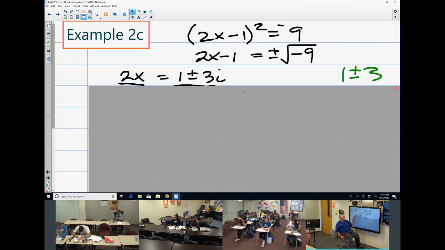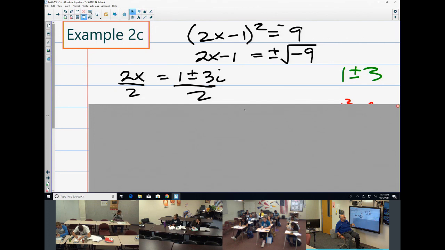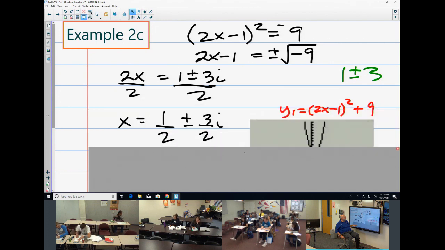So here I add 1 and then divide by 2. And so my answer is going to be 1/2 plus or minus 3/2 i. So when you're doing the square root method, watch out for negatives, because then you'll always have an i in the answer in that case.